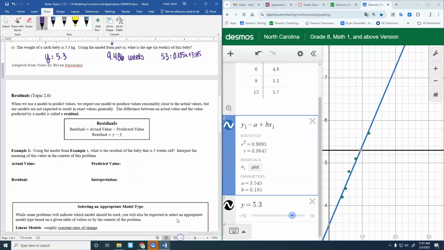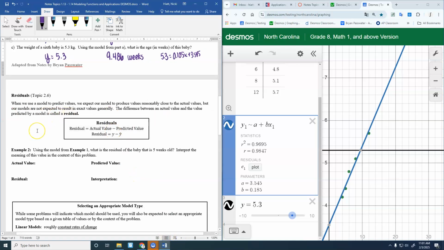But our models are not expected to result in exact values generally. The difference between an actual value and the value predicted is called the residual. So unless you have perfectly linear data, which you normally do not if you're just taking data points, your points are going to have residuals.